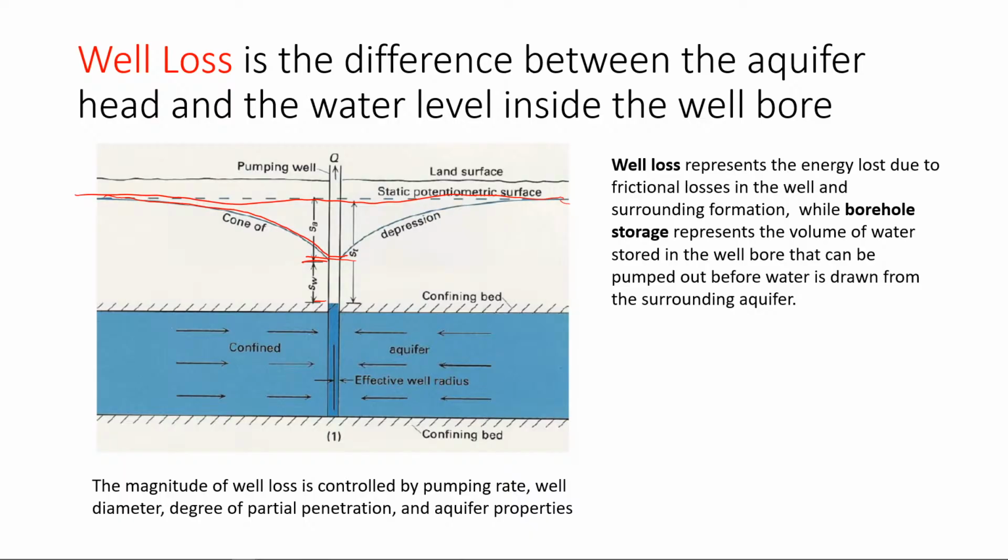It could be mainly due to friction loss. So you have some friction loss, and this friction loss is occurring here at your well. This friction loss could be caused by resistance of flow through the well screen, through the filter pack.